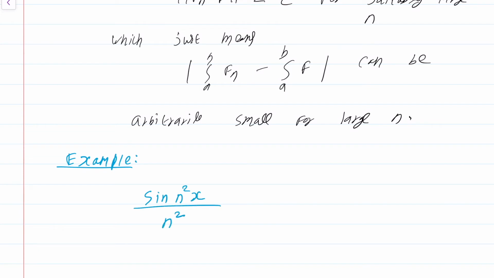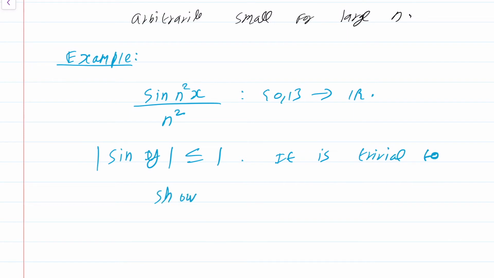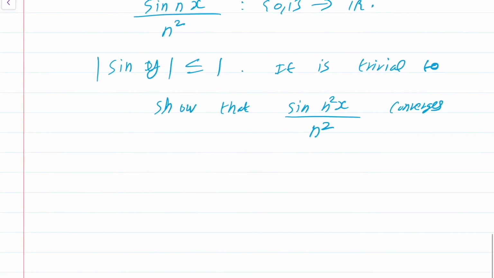Let me just take it, for convenience, on the closed interval [0, 1] in R. Now because the modulus of sine of anything, sine of y, is less than or equal to 1, it is trivial to show that sin(n squared x) by n squared converges uniformly to the 0 function, to the constant function 0.